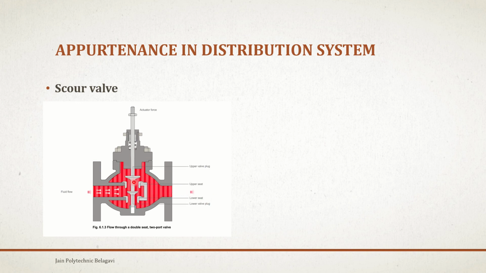This is the upper valve plug, the upper seat, lower seat and the lower valve plug. The flow will be from left to right. If the water is very turbulent and very turbid, it starts scouring the pipe. Using this valve, we can control the scouring of the pipe.